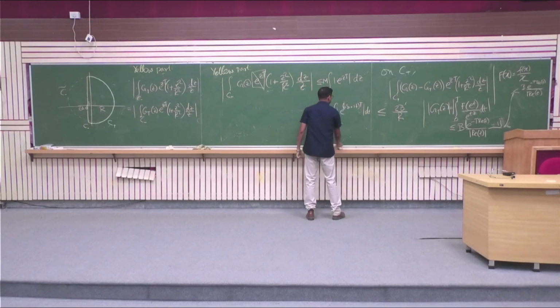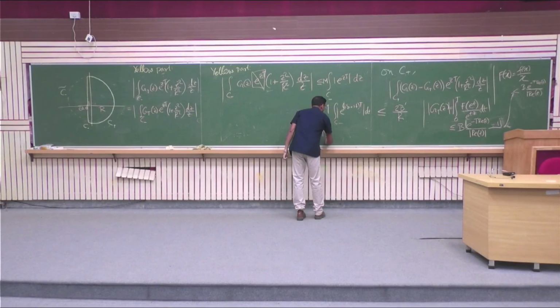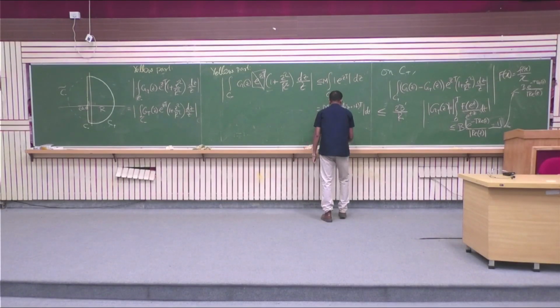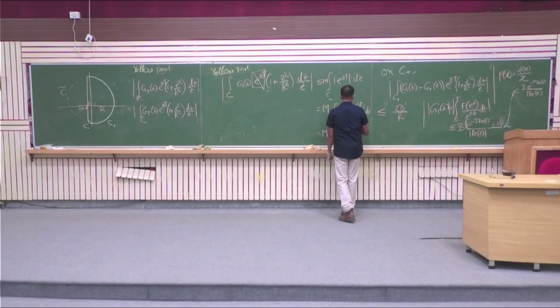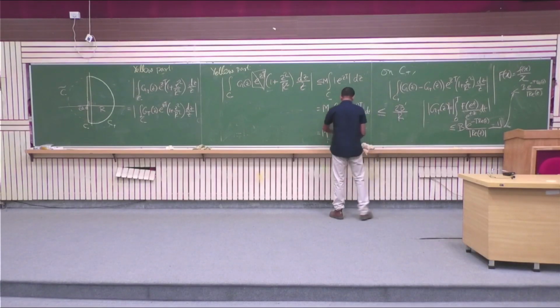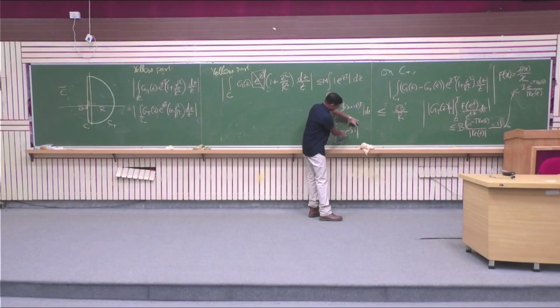So this becomes M times the integration over C minus of e^(-delta t) dz. Since the real part of this is negative, this could be made as small as possible.